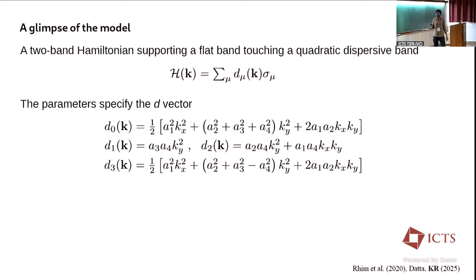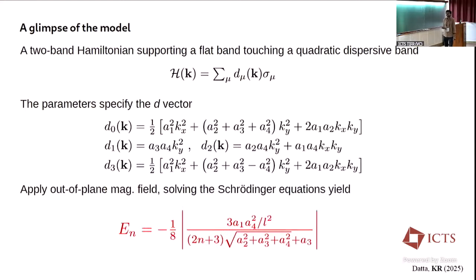For this model, one assumption is that one of these parameters, particularly A1, is non-zero. You can set A2 and A3 to be 0, and essentially the other parameter A4 dictates the quantum geometry in this system. That gives you the minimal model to understand the physics. If you now add a perpendicular magnetic field, you can brute force solve this two-band system, and you can write down this kind of quantization around the flat band energy.